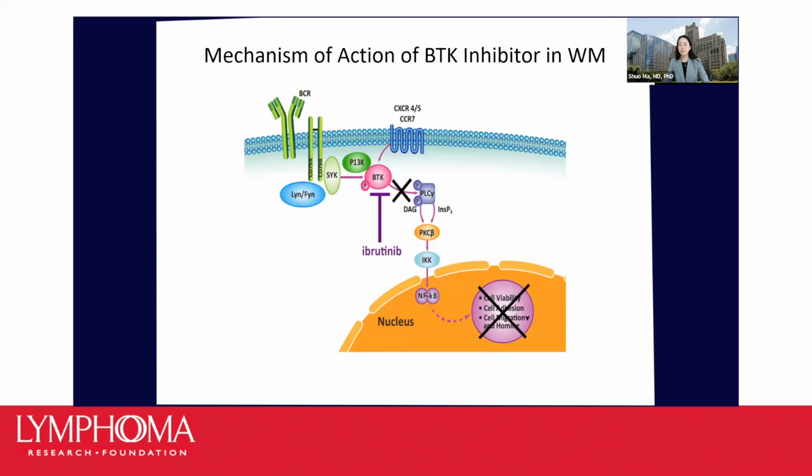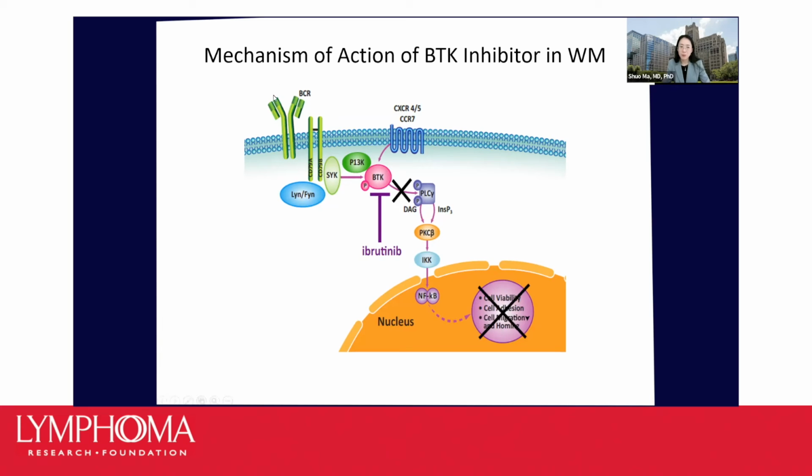So what is BTK? BTK, the target of Ibrutinib, is an enzyme that's sitting inside the tumor cells and is a very important player in the B-cell receptor signaling pathway. Waldenström lymphoma cells are B cells, and they rely on feeding signals from the microenvironment they're living in for survival and proliferation.